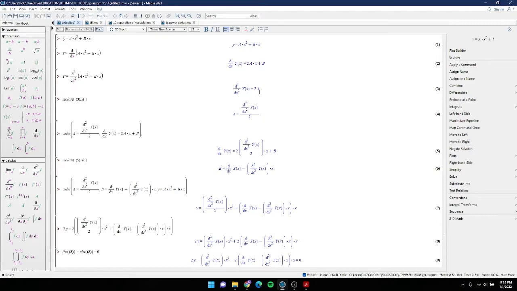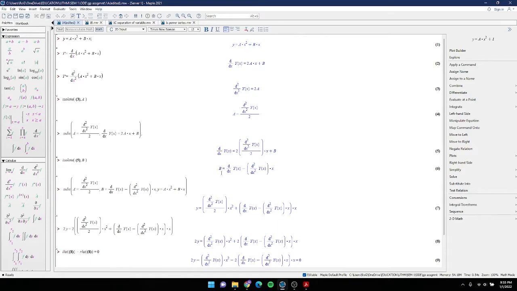So you get the value of a, you get y double prime over 2. So you sub the value of a into equation 2, and then you get 2 times y double prime over 2 times x plus b, and then you get the value of b.